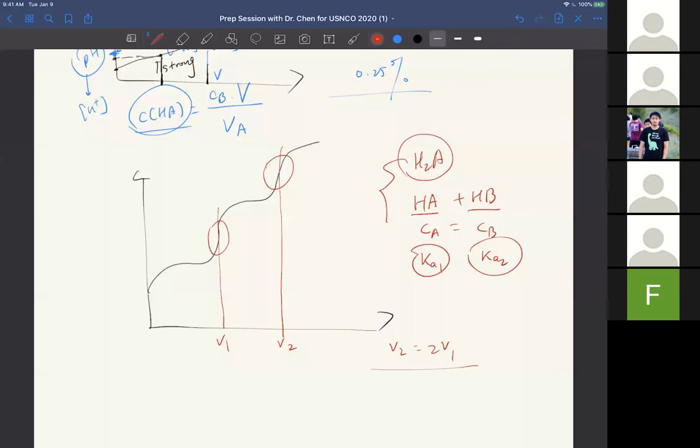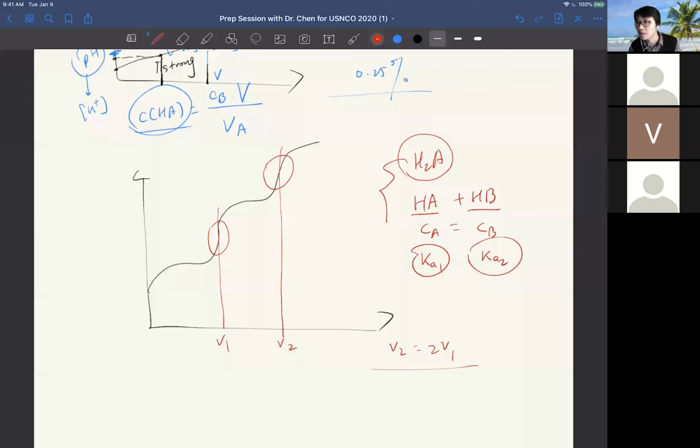Okay, pretty much everyone is muted. I think we can start.